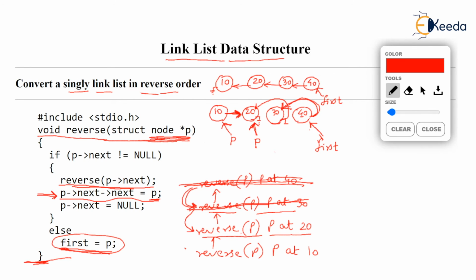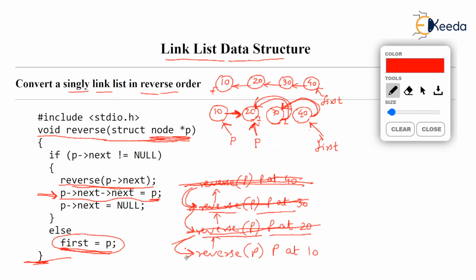But 30 and 20 are now associated. 30 will be pointing to 20 and 20's next is null. After P arrow next becomes null, the if ends and obviously the function ends. So this function, P at 20, comes to an end, and we are back to the function reverse 10.